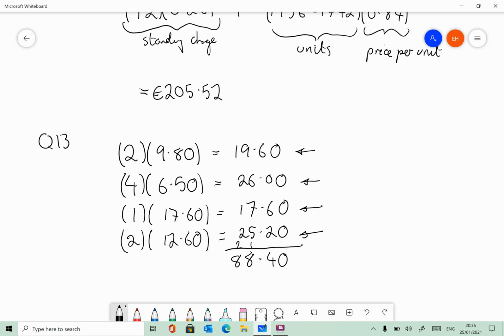Okay. So my problem is here in the second one. Four parcels weighing 1.6 kilograms each. So if they weigh 1.6 kilograms each, that means they've gone above 1. So it's not 6.50, but it's actually going to be 9.80.